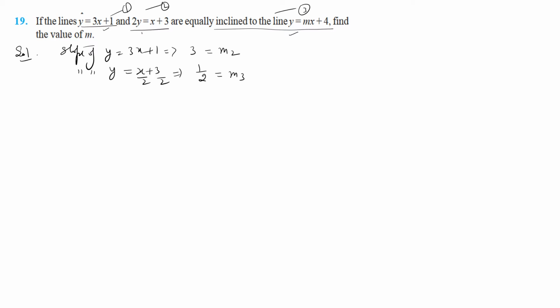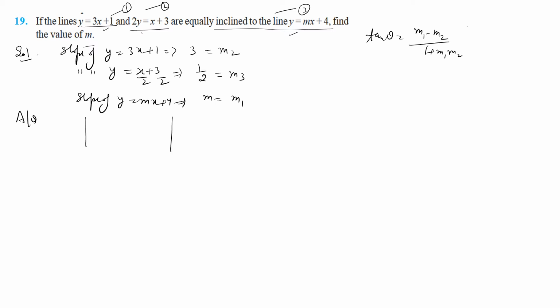Okay, and the slope of the third line, y is equal to mx plus 4, it is clear that we have, say, m, so I'm taking it as m1. Okay, so let us apply the formula according to the condition of the question. The question is that the angle made between 1 and 3. We know that tan theta is (m1 minus m2) upon (1 plus m1 m2).